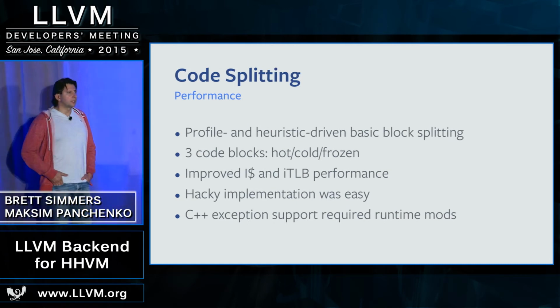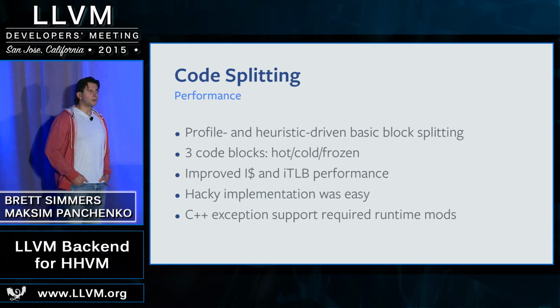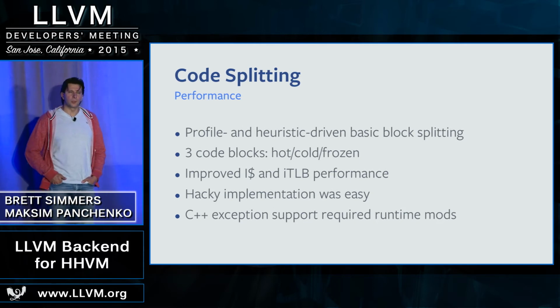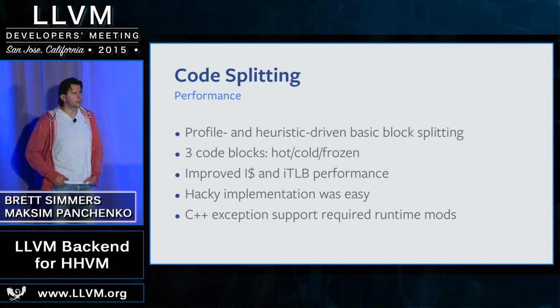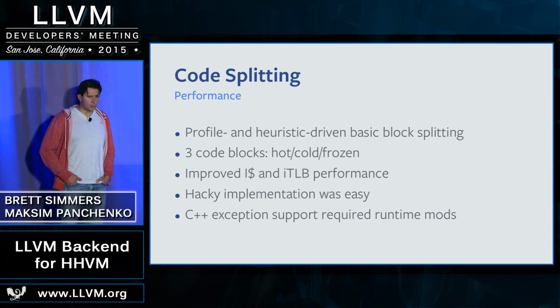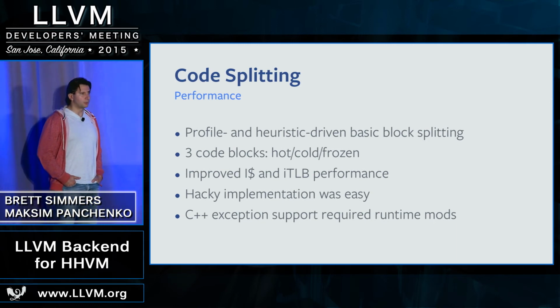So I mentioned code splitting, and this is something our Wasm backend was doing for a long time. The overall performance gain was way more than 5%. And it was outputting code into 3 different blocks.